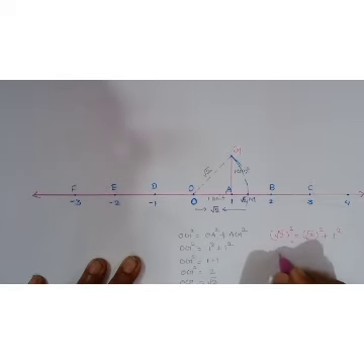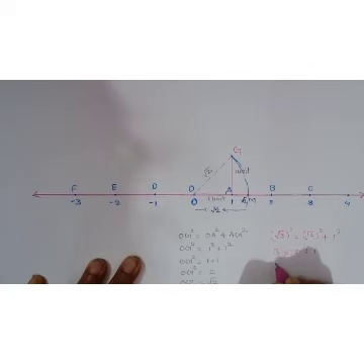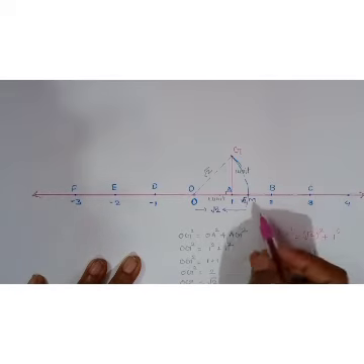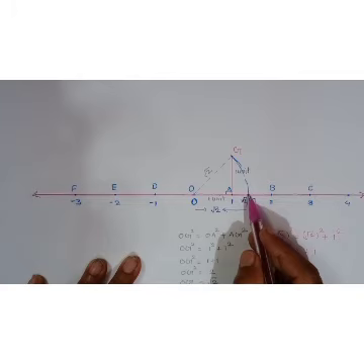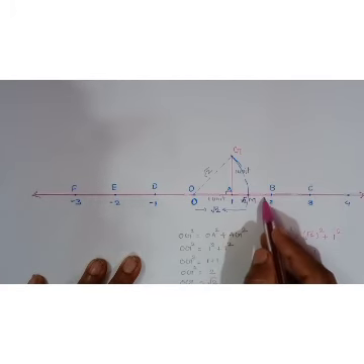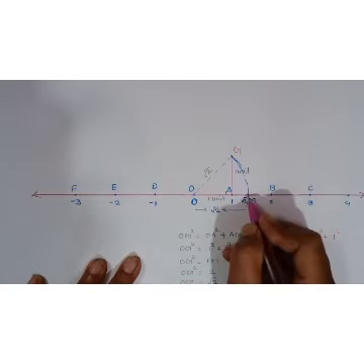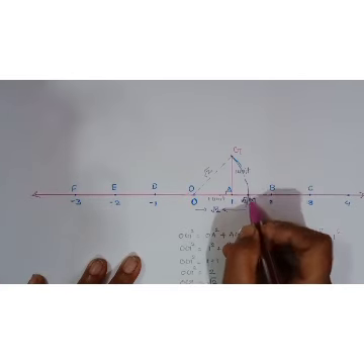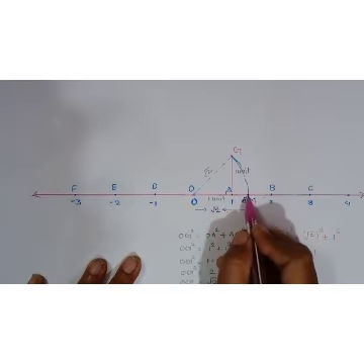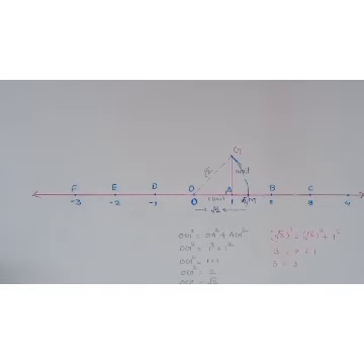Here the square of root 3 is 3, square of root 2 is 2 and square of 1 is 1. So 3 is equal to 3. Therefore, to represent the root 3 on this number line, we will take a perpendicular distance at point M of unit 1.